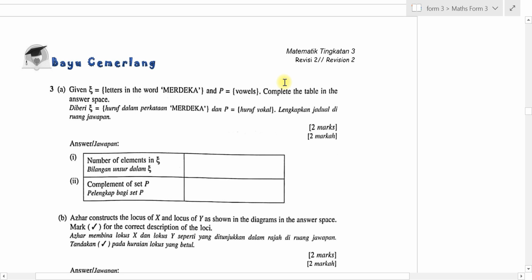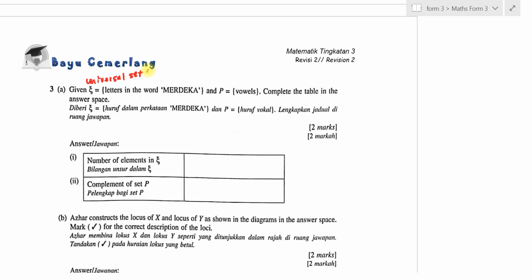Question 3. Given the universal set, this is what we call universal set, are the letters in the word Merdeka. P is vowels. Complete the table in the space below. Sorry, how many elements are in the universal set? Samira, how many letters?